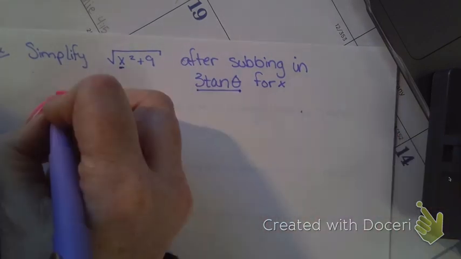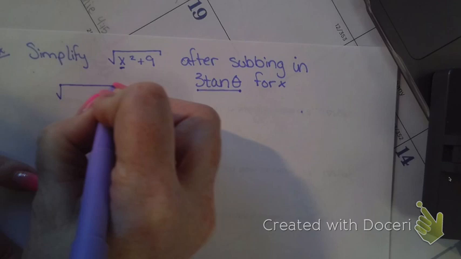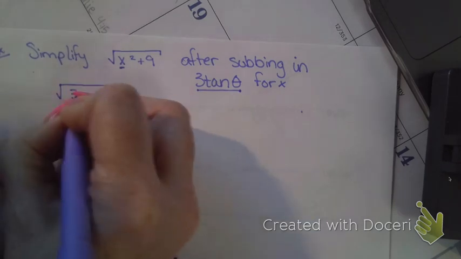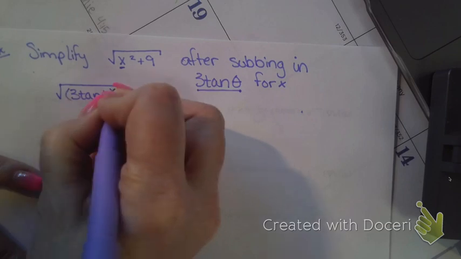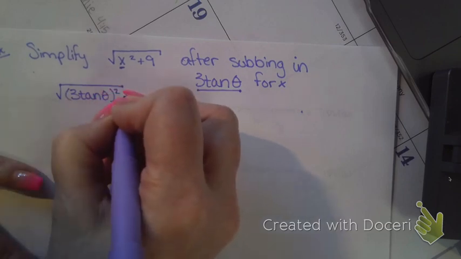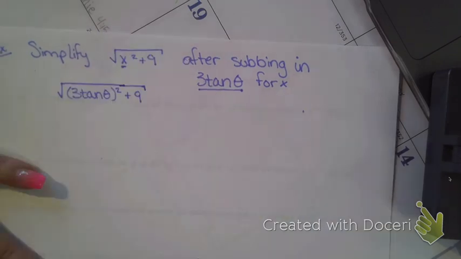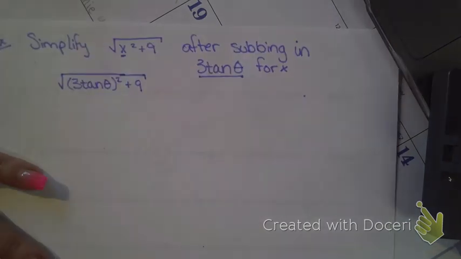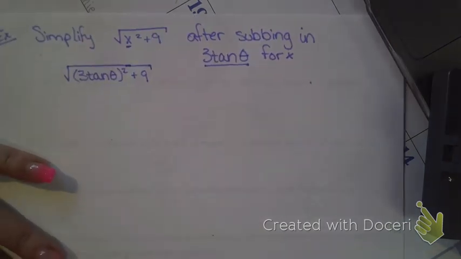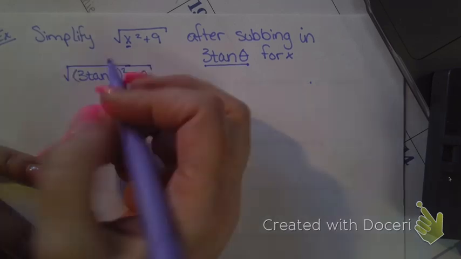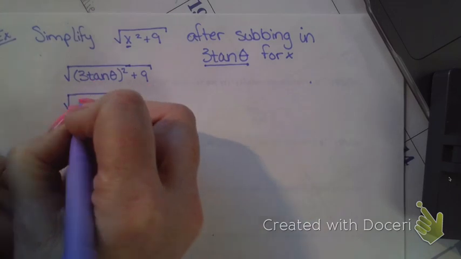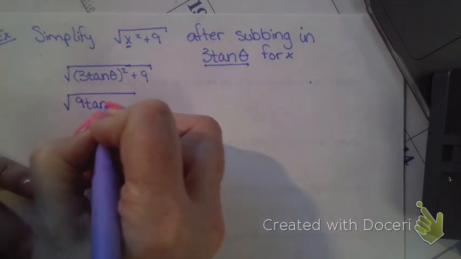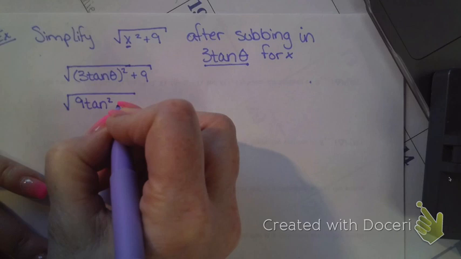So that gives me the square root of 3 tangent theta, what? Squared plus 9. Now you notice I didn't put the square right on the tangent yet. Why? You have to distribute to that 3, don't I? So I'm going to have the square root of 9 tangent squared plus 9.